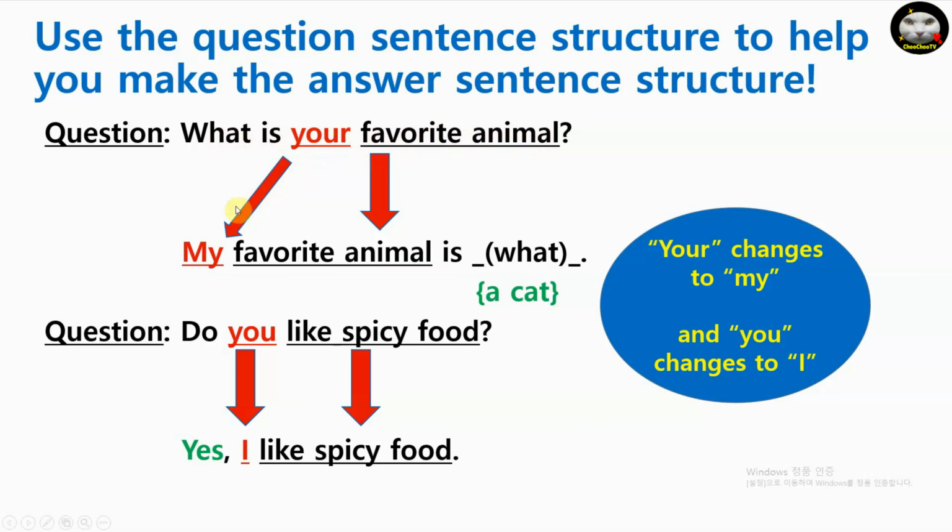Just remember that "your" changes to "my" and "you" changes to "I." So, what is your favorite animal? My favorite animal is a cat. If the question is, "Do you like spicy food?" Yes, I like spicy food.